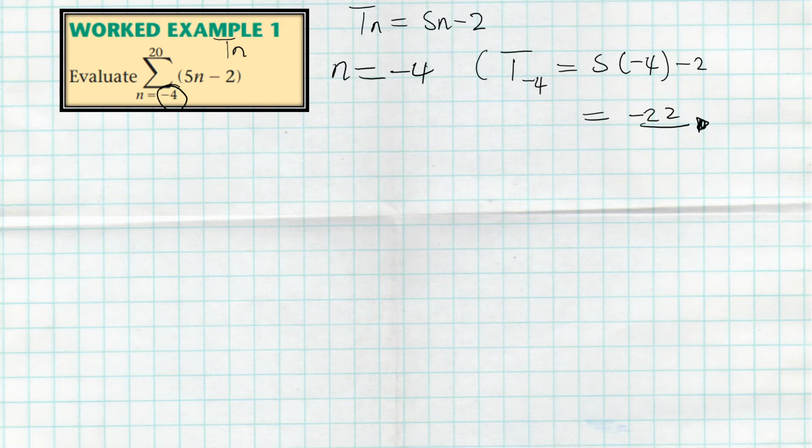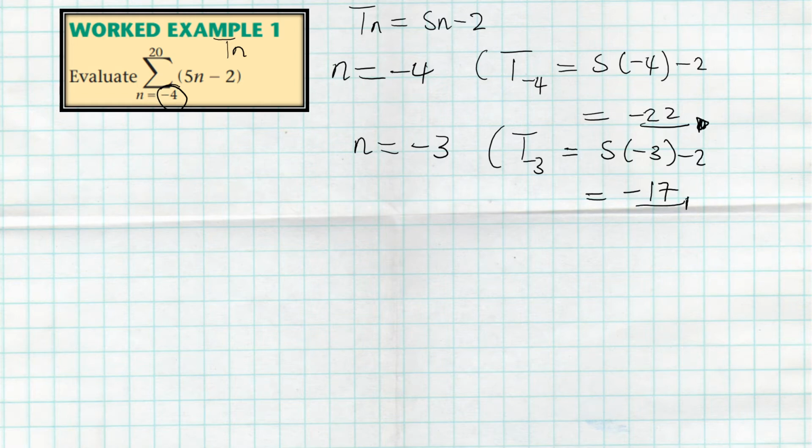From minus 4 we are approaching 20. As we move up, n equals minus 3. So this is our second term being added. Minus 15 minus 2 is minus 17 as our second term.